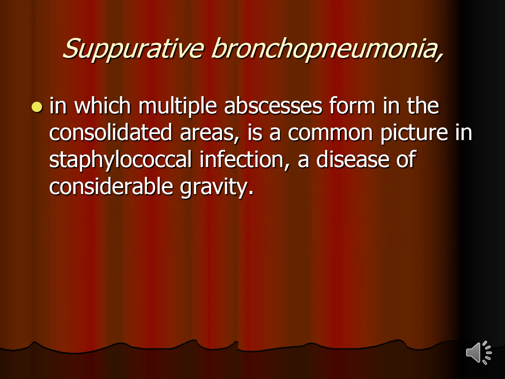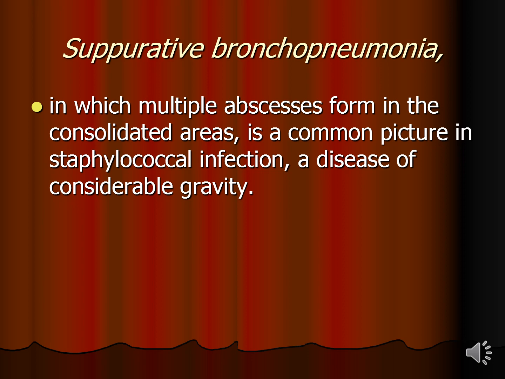Let's discuss a few variants of bronchopneumonia. For example, suppurative bronchopneumonia. On the cross-section of such pneumonia, we see multiple abscesses within the consolidated areas, and it is a common picture in case of staphylococcal infection.